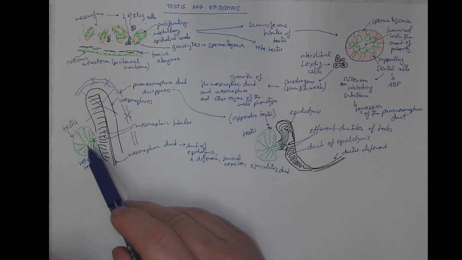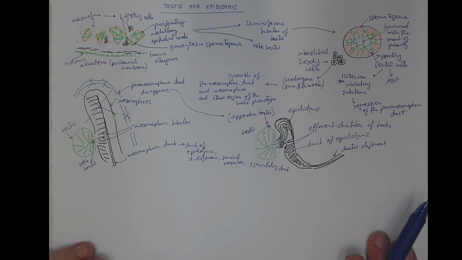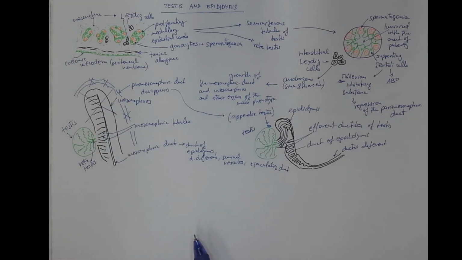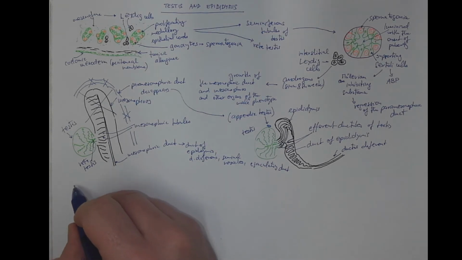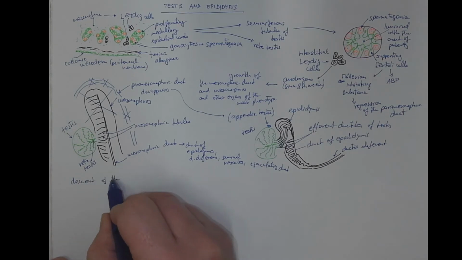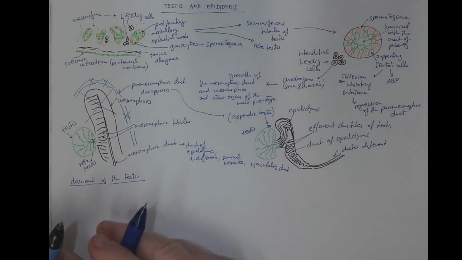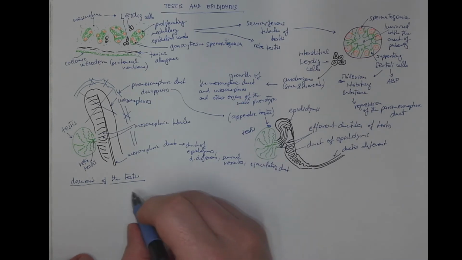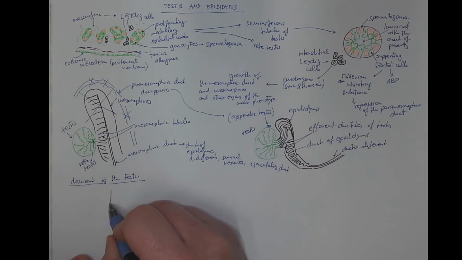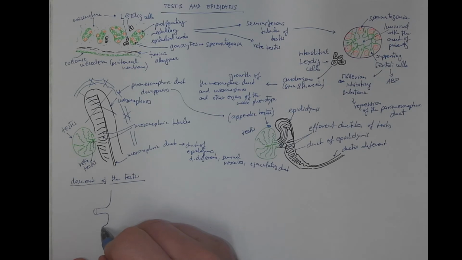Now the testis doesn't stay in its anatomical position where it originated in the abdominal cavity, but it goes down. We call it the descent of the testis. Briefly, before the descent, we got the umbilical cord here. Here's the genital tubercle.